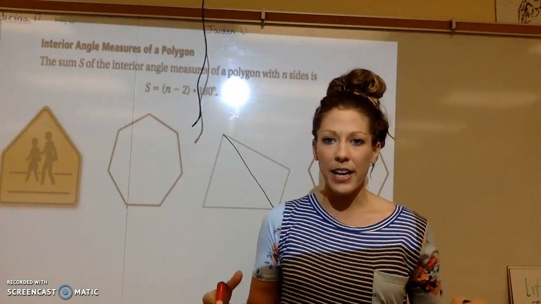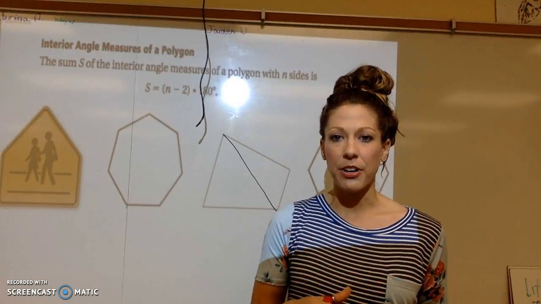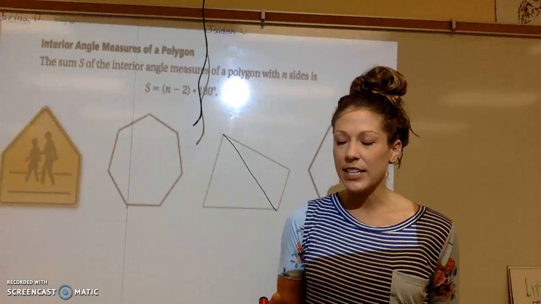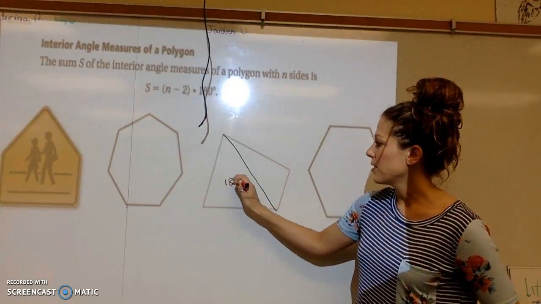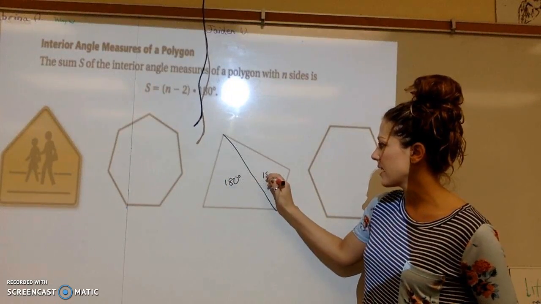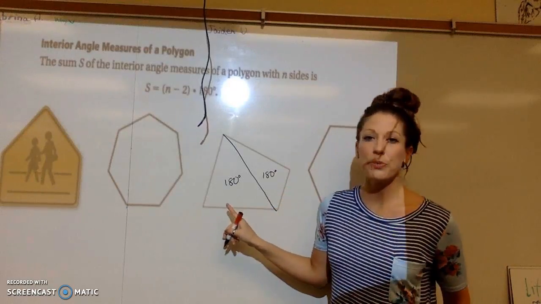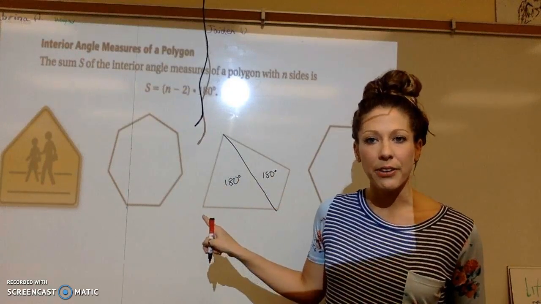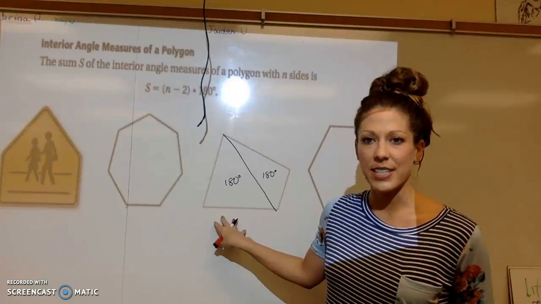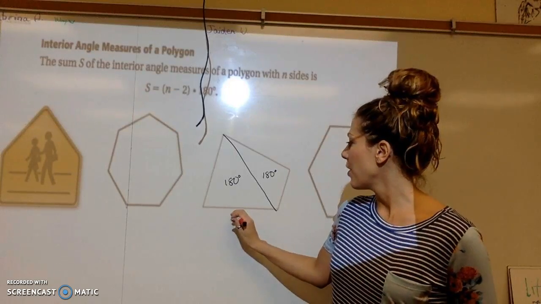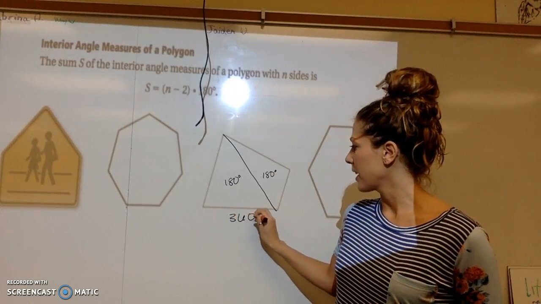And we know that each triangle's angles add up to 180 degrees. So this is 180 degrees, and this is 180 degrees, which means that the angles of a quadrilateral add up to 360 degrees.